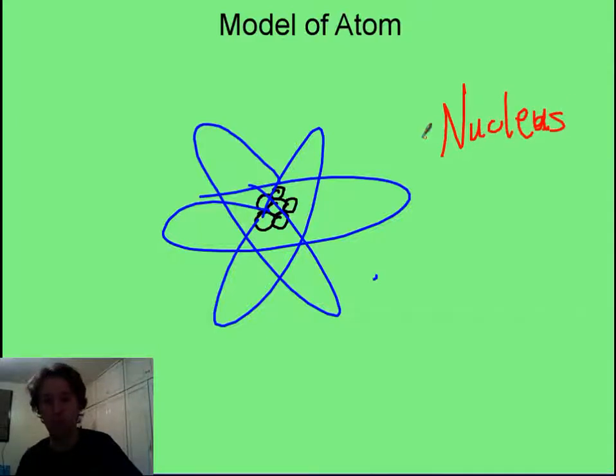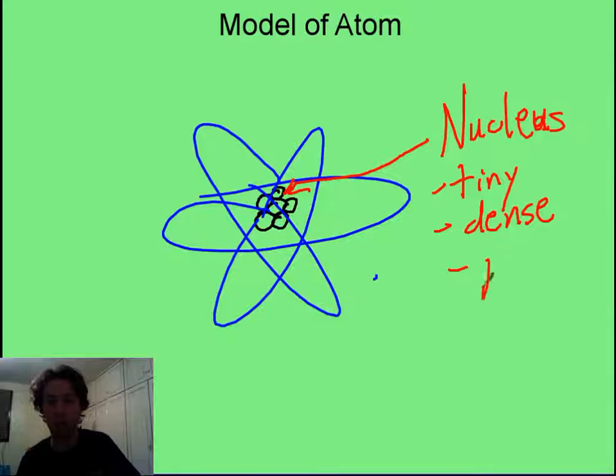which is right here, is tiny relative to the rest of it, is incredibly dense relative to the rest of it, and it is positive. You might be thinking, duh, I learned that in middle school, but let's make sure we still know.